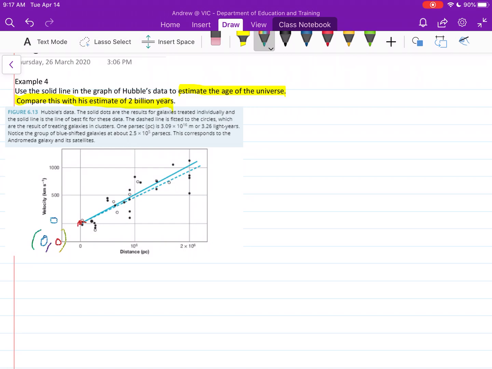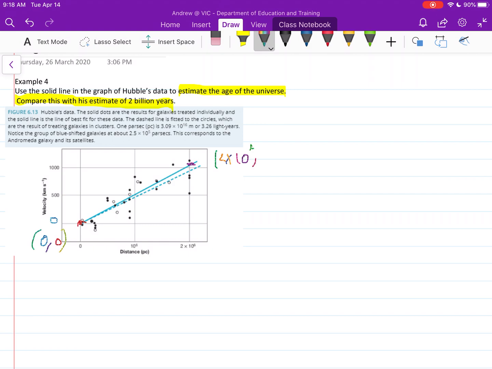The other point we're going to use to find our gradient is this one here. Okay, it goes through the line. You could probably use this one in the middle here as well, either or. So this value here, I'm just going to write the x and y value. This is 2 by 10 to the 6, and that's parsecs.